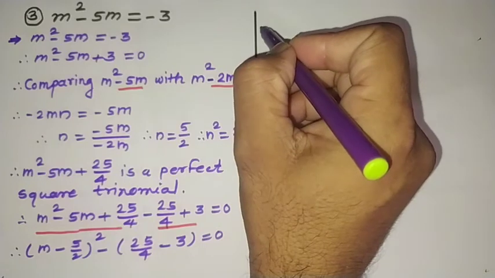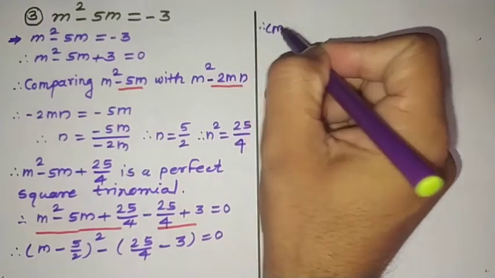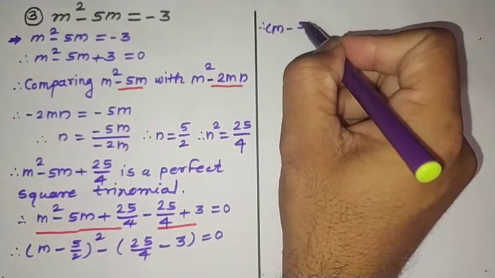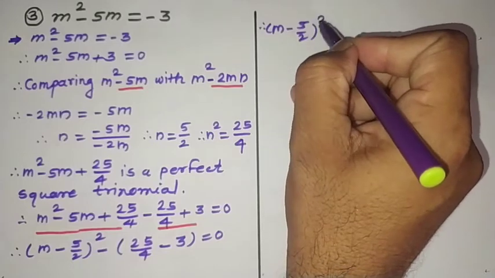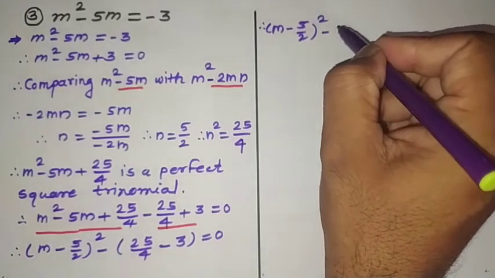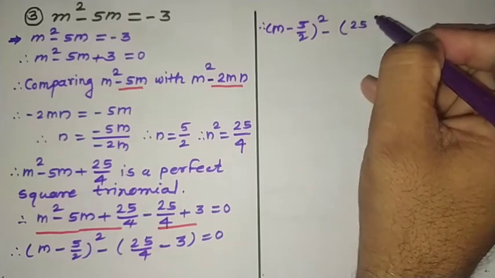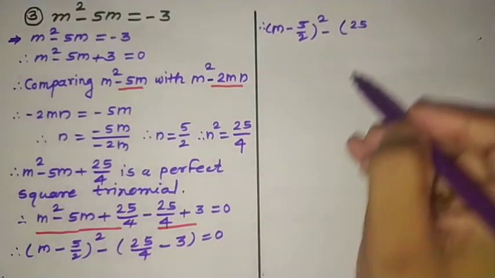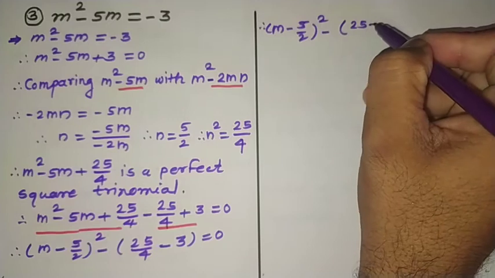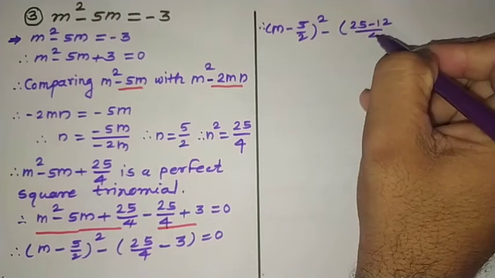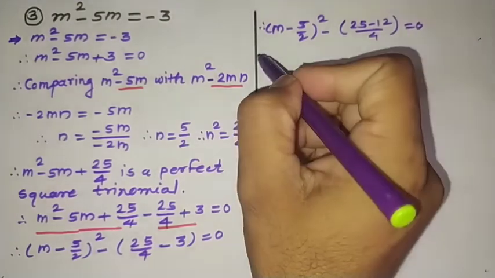Therefore (m minus 5/2) whole square minus 25/4 plus 3 is minus 12/4, is equal to 0.